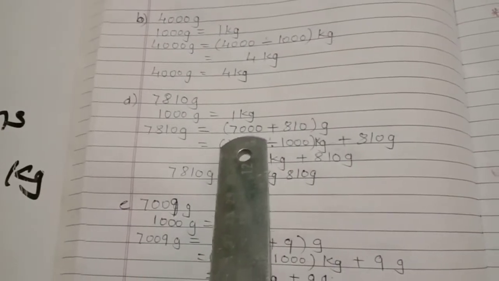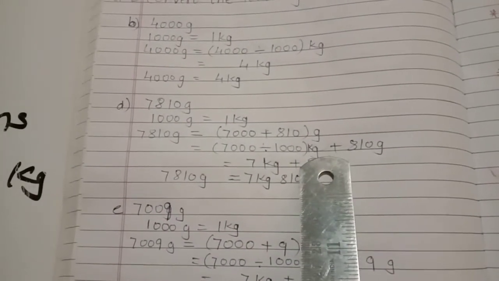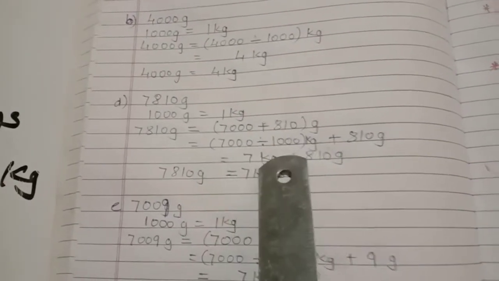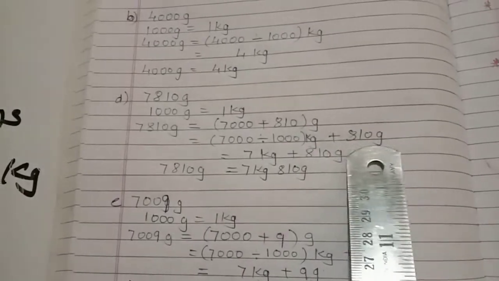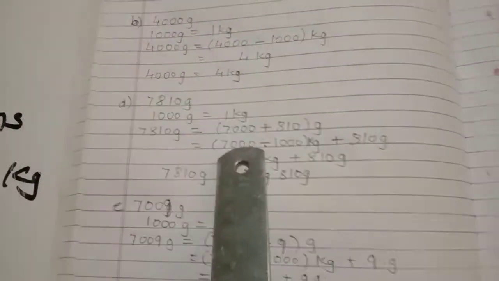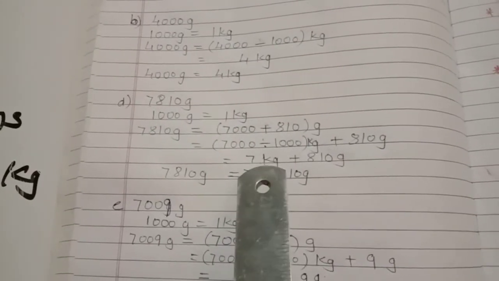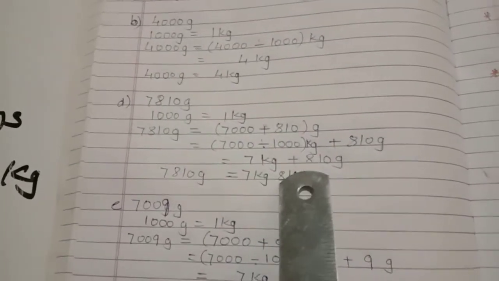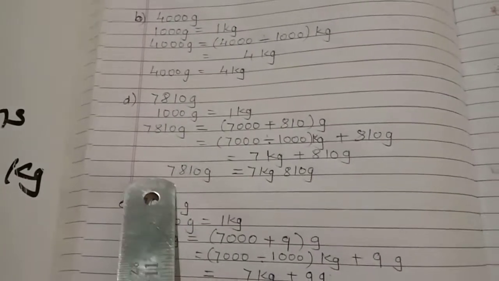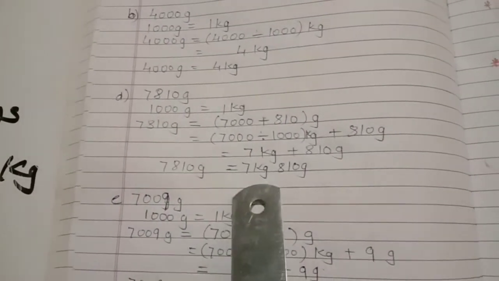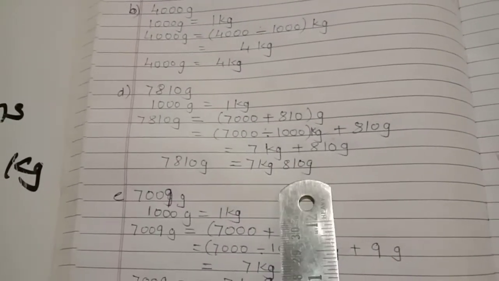So here 7000 divided by 1000, that is the kilogram. So gram converted into kilogram, so divided by 1000, plus 810 gram. Here 7000 divided by 1000, that is the 7 kilogram plus 810 gram. So 7810 gram is equal to 7 kilogram and 810 gram.